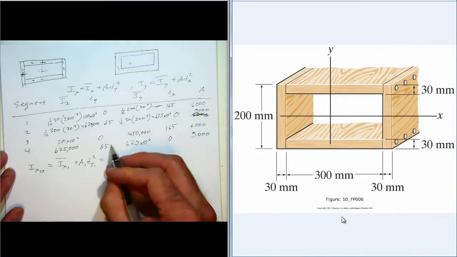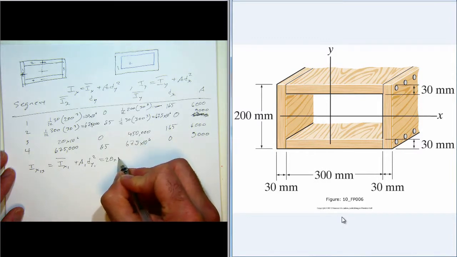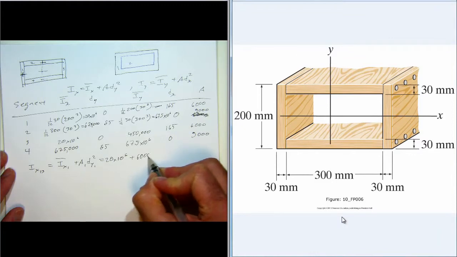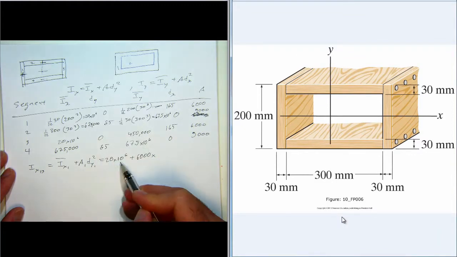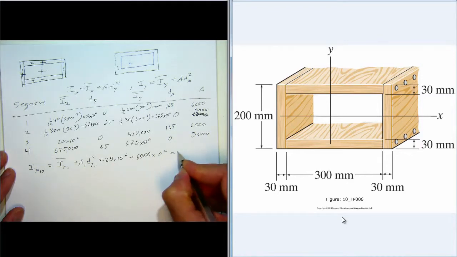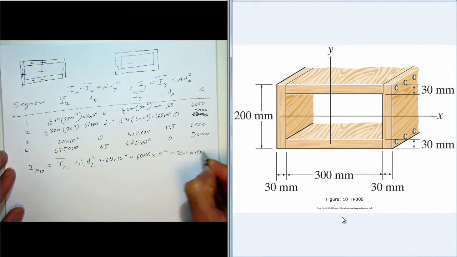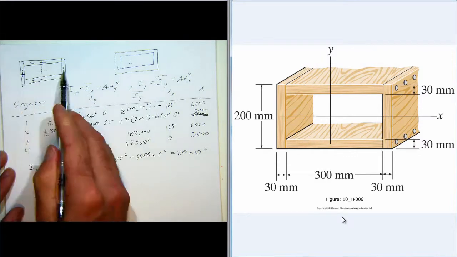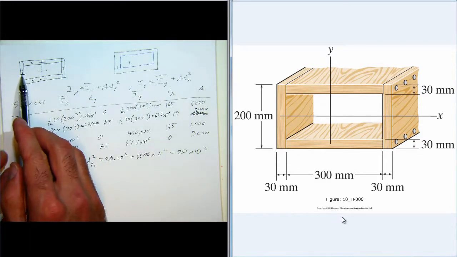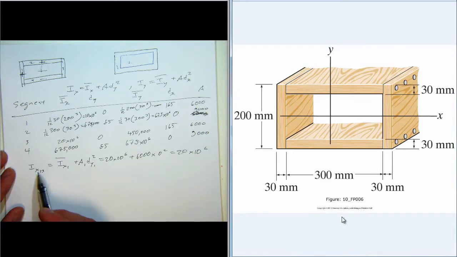So we get 20 times 10 to the 6th plus 6,000 times 0 squared. So it's 20 times 10 to the 6th. And so 1 and 3 aren't moved at all in the y direction, so their centroidal x-axis lines up with the reference x-axis.